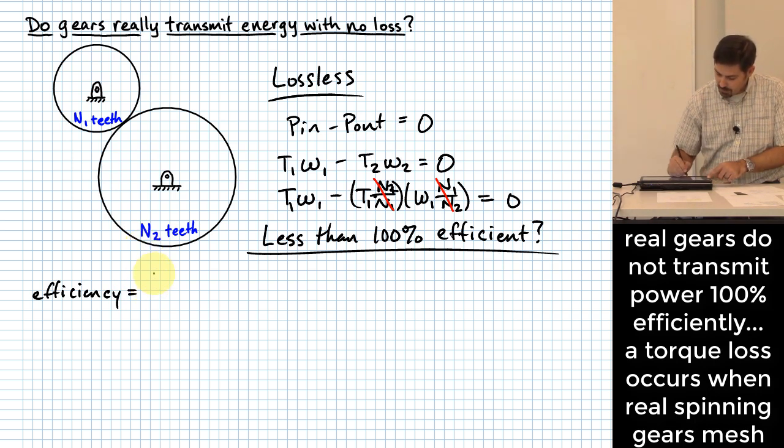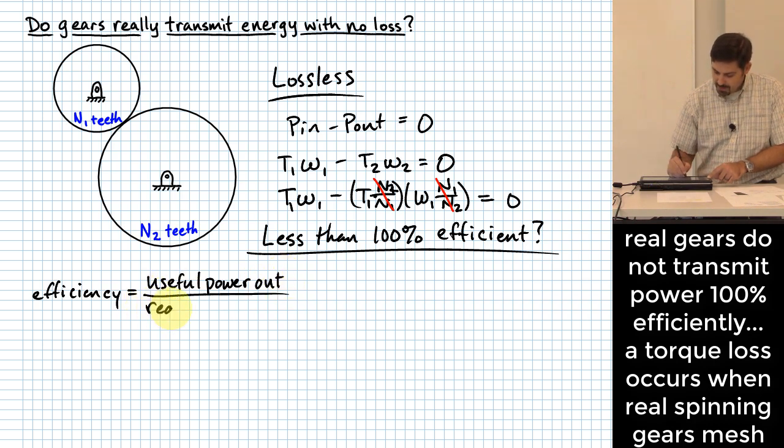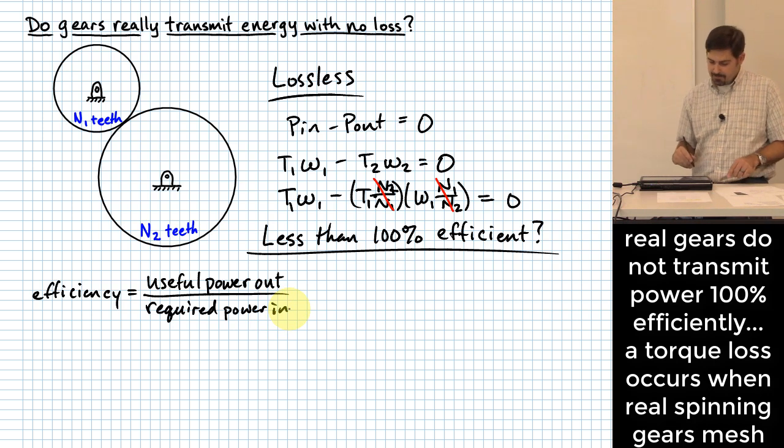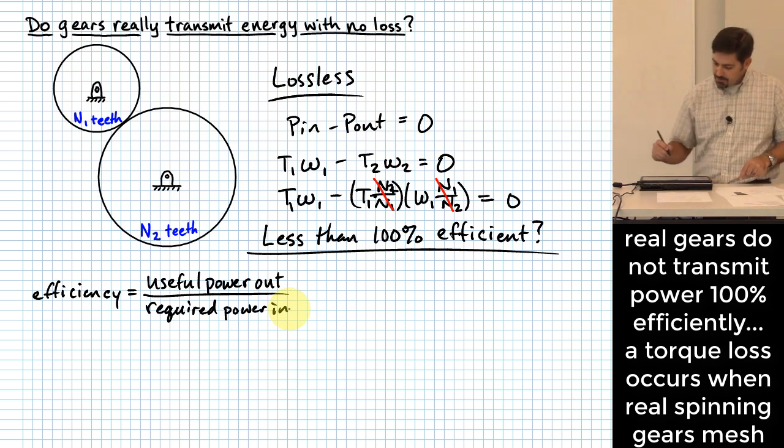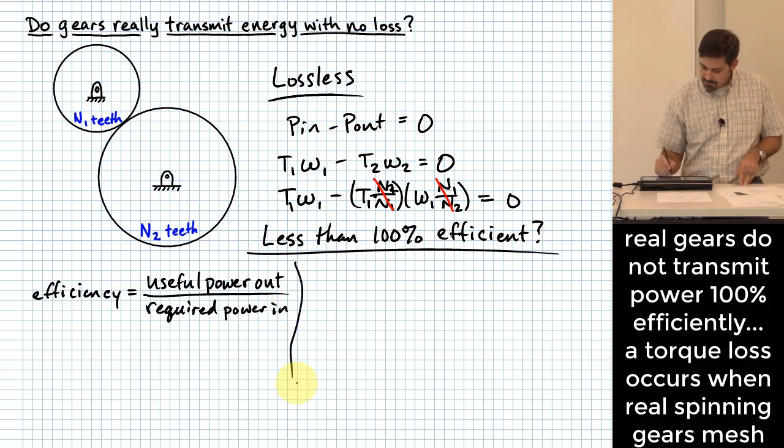Here's how we defined it a while back: useful power or energy. I'm going to define it in terms of power. So useful power out divided by required power in. What does that look like for our situation?